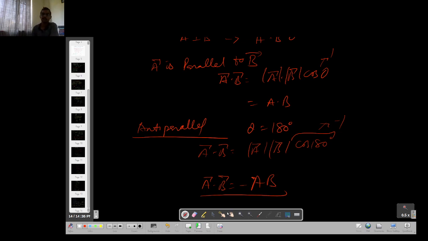And let us talk about a few examples of scalar product. So first example, work is defined as F dot dl, where F is the force and dl is the displacement vector.